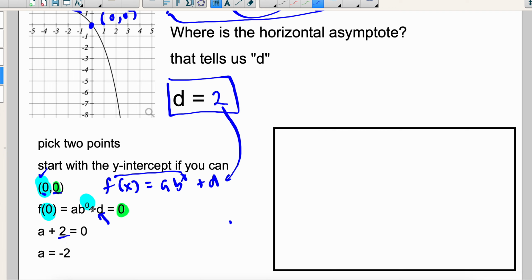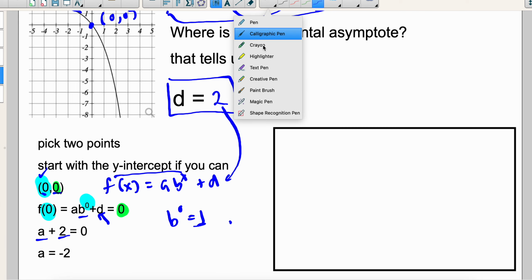I know that any base raised to the 0 power is equal to 1. So b to the 0 is equal to 1. So I can just substitute 1 in for b to the 0. That's going to leave me with a times 1, plus d. d is 2. Let me just highlight that.